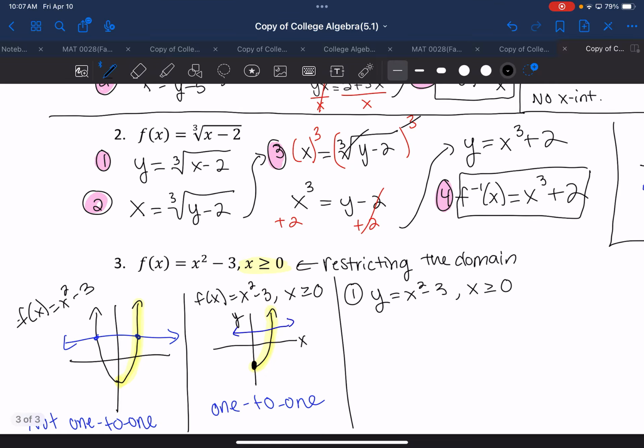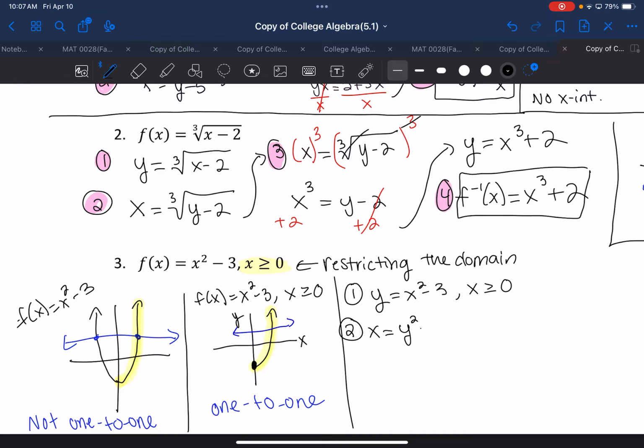But anyway, I want to write this here so that I don't forget what I need to do on the next step, which I'm going to explain. So you want to include that x is greater than or equal to 0, because it's part of this function. It's restricting the domain. Step 2 is to replace the x's and the y's, right? So the y will become an x, and the x will become a y.